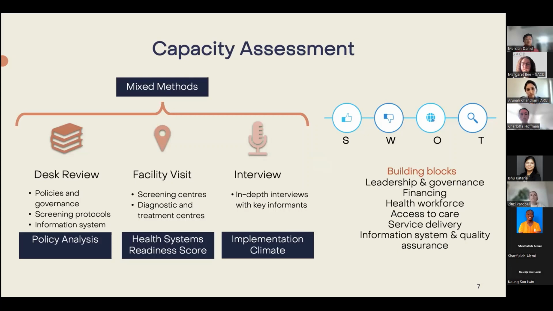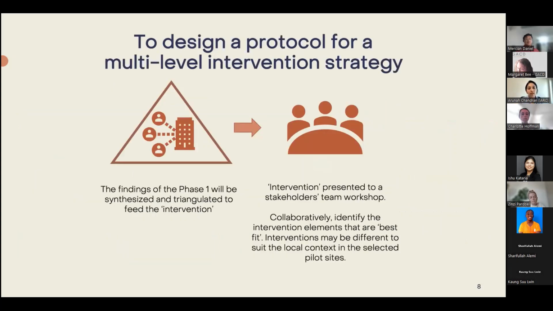With all this information, we hope to break it down into the different health system building blocks, looking into the strengths, weaknesses, opportunities, and threats that exist. Next, the one thing that I mentioned earlier is we hope to design a multi-level intervention strategy.